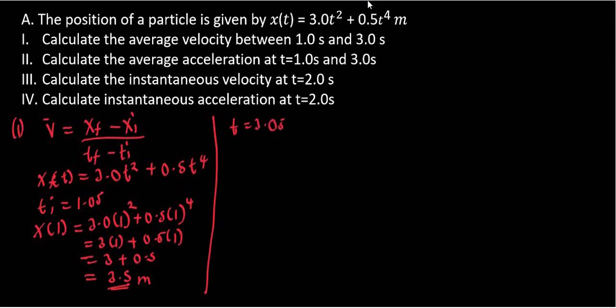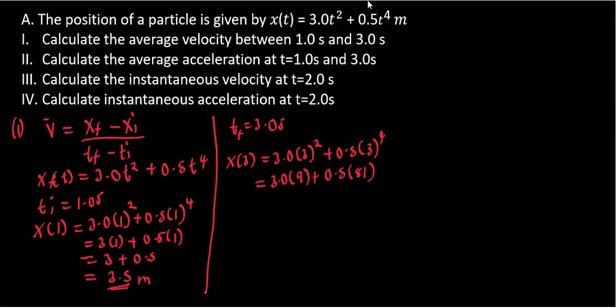Okay, now after doing that, we need also to find the displacement after 3 seconds, which is the time final. So we get 3 and we substitute wherever there's t in the given equation. So this is 3 squared, that is 9. Then 0.5 times 3 to the power 4, that is 81, giving 40.5.